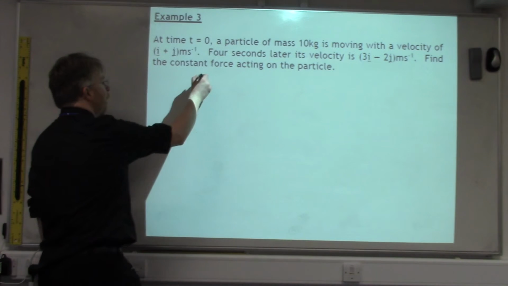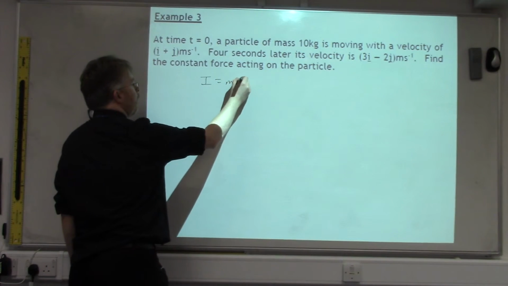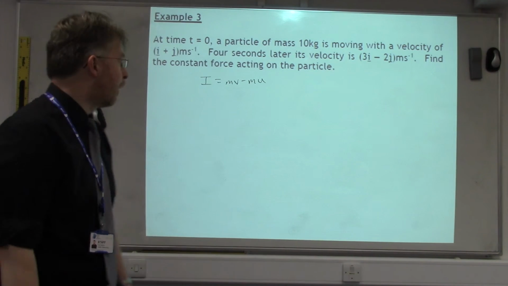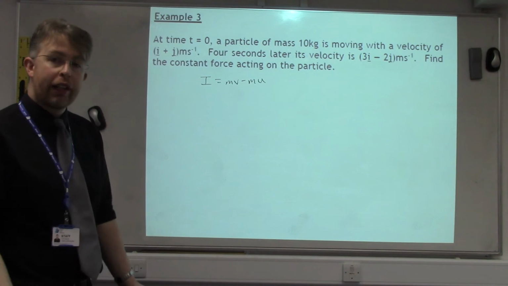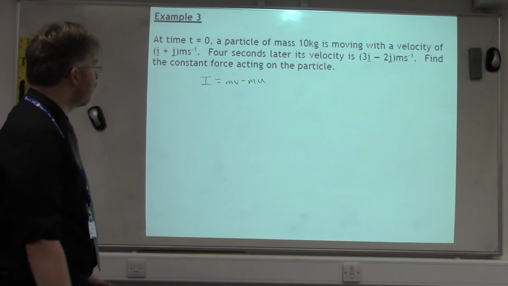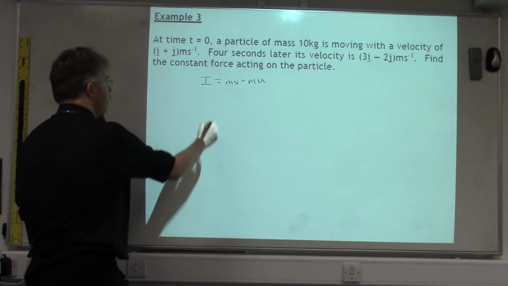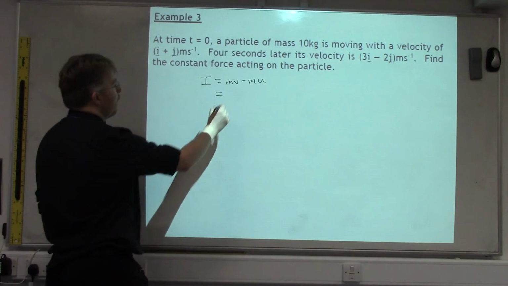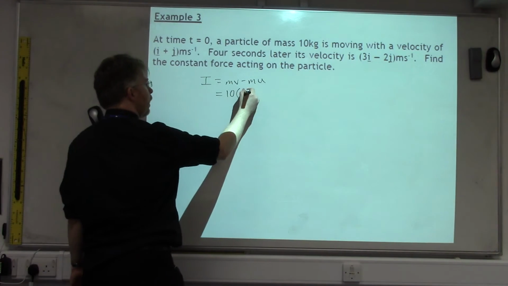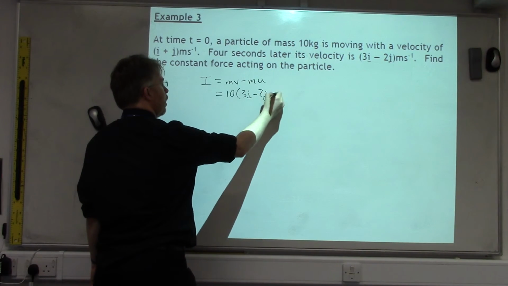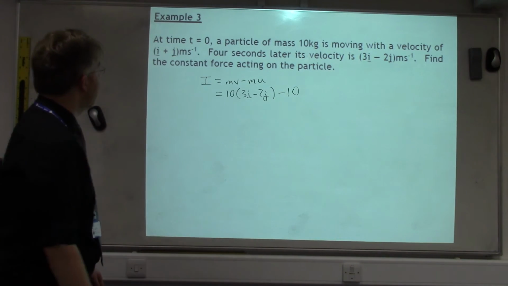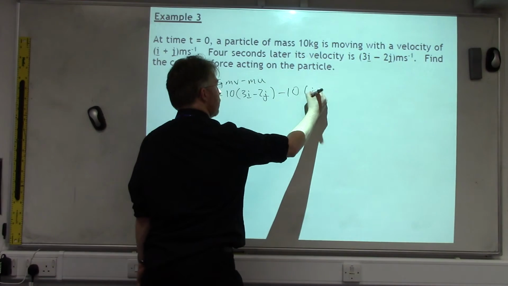We can calculate impulse using change of momentum, because we have the information for that. And this time we're going to get it as a complete vector quantity, not just a simple positive for right, negative for left, but in terms of i and j. So the mass is 10 times the final velocity, 3i minus 2j, minus the mass of 10 times the initial velocity of i plus j.